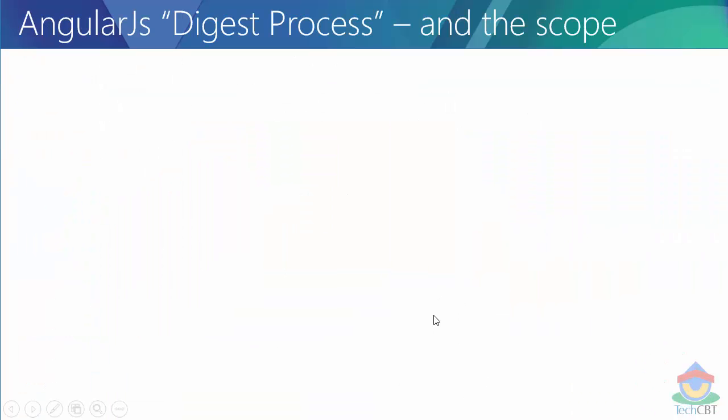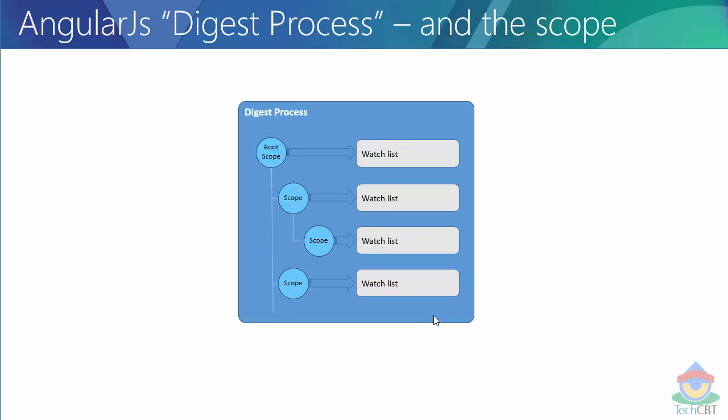So the next topic is the same digest process or digest cycle, but how it is really related to the scope. So till now we haven't figured out what exactly is scope and how it is really going to work with digest process. So I already mentioned every particular scope will have its own association to Watchlist.